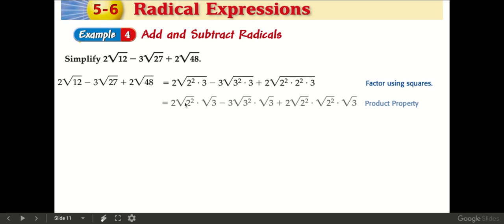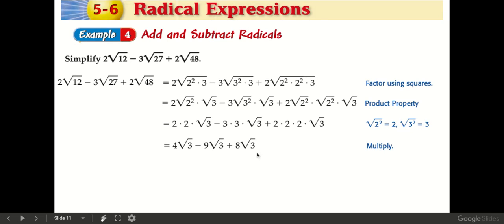So when I simplify them, that's going to be a perfect square there, a perfect square there, and there. And when I simplify them, I am left with a radical 3 there, radical 3 there, radical 3 there, and then 2 times 2 is 4, 3 times 3 is 9, 2 times 2 times 2 is 8.